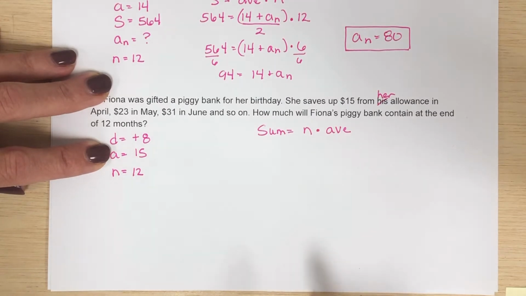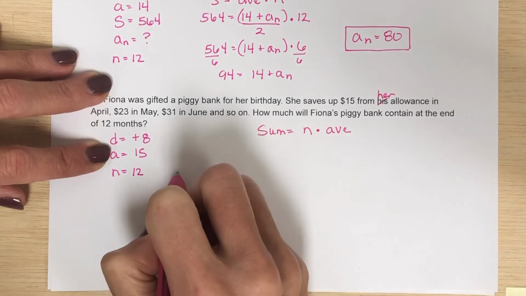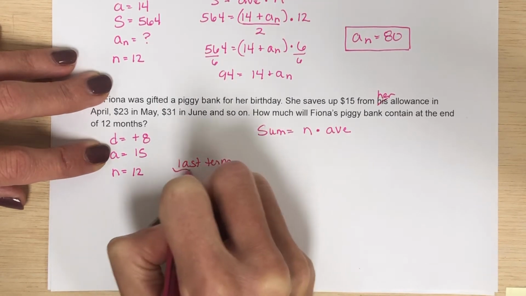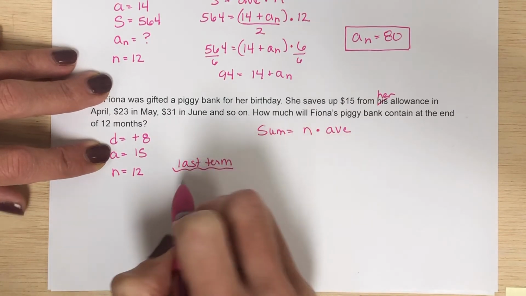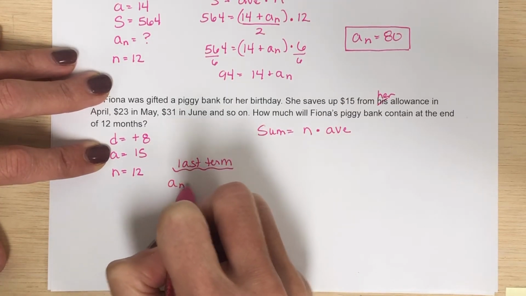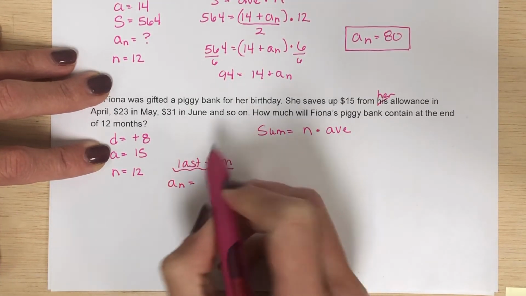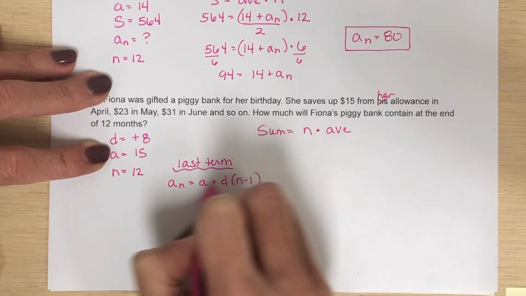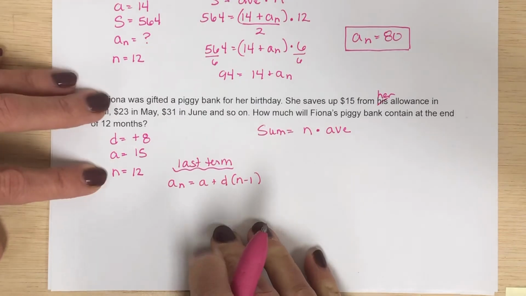That was our last section. So to figure out my last term, let's see. My formula was this: the nth term is my first term plus my common difference times n minus 1. That was our formula that we used in our last section.